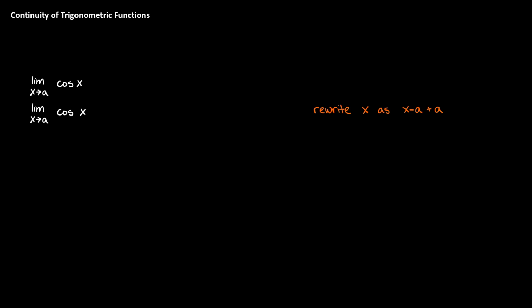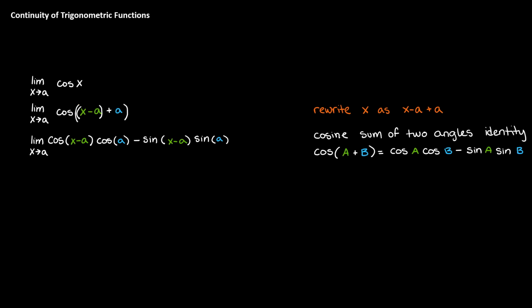Our first step is to rewrite x inside of the cosine function as x minus a plus a. And we can do this because subtracting and adding the exact same value is almost like nothing ever happened. It's like a 0. Next, we're going to apply the cosine sum of two angles identity.